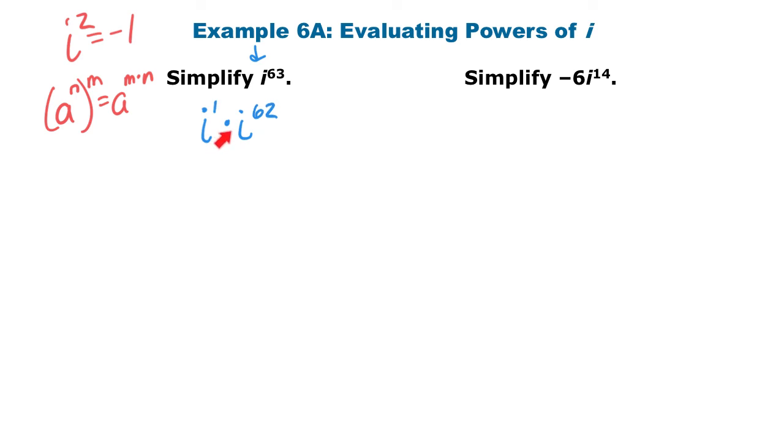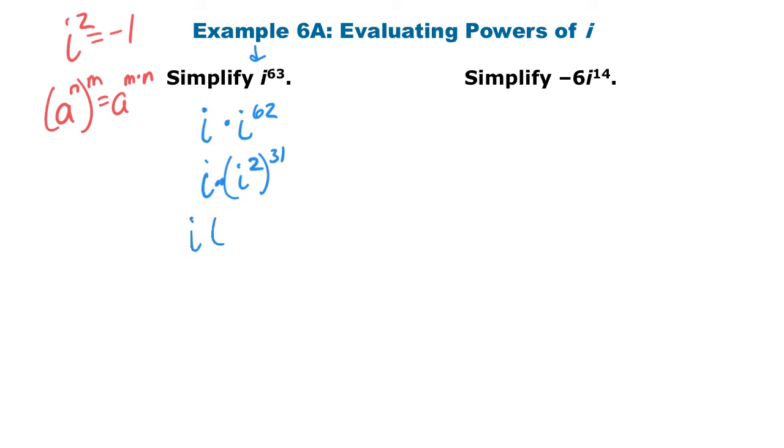And when we're multiplying like this, then we would add those exponents together. So I'm going to get rid of that part. And now I can rewrite this as i times i squared, because I know what i squared is, to the 31st power. And here's the power to a power that's getting multiplied.